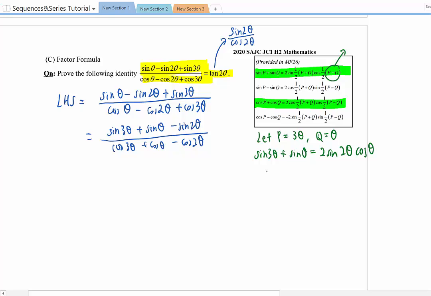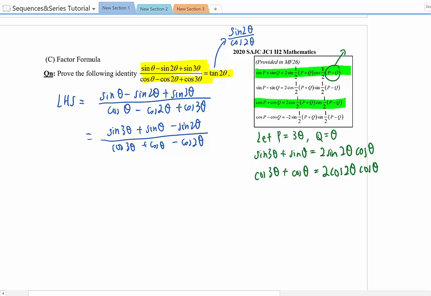In the third equation, cosine 3 theta plus cosine theta gives us 2 cosine of 3 theta plus theta, which is 4 theta, and half of that gives us 2 theta, times cosine of half of P minus Q, so 3 theta minus theta gives us 2 theta, and half of that gives us theta.